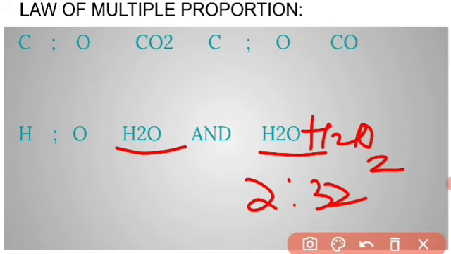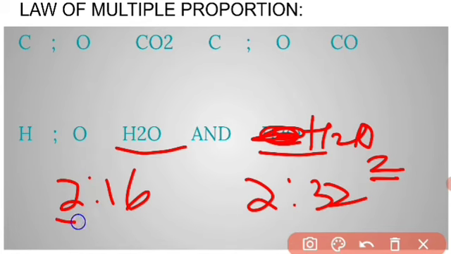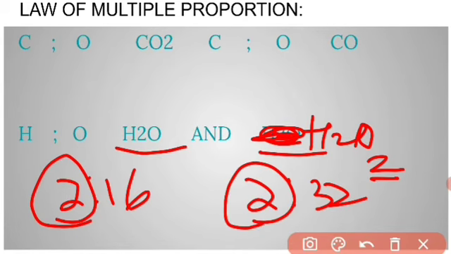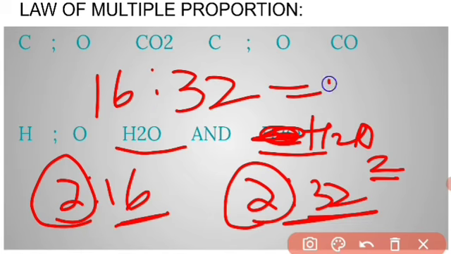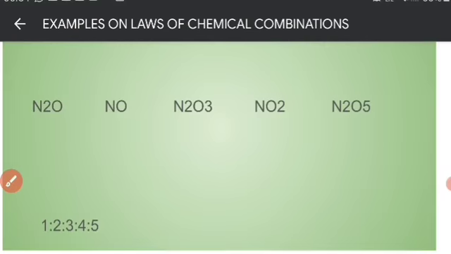Here you will get 2 is to 16. Again you can see hydrogen is fixed. Whose mass is changing? Oxygen's mass is changing. Here it was 16, here it is 32. If you compare 16 is to 32, you will get 1 is to 2. Am I clear?